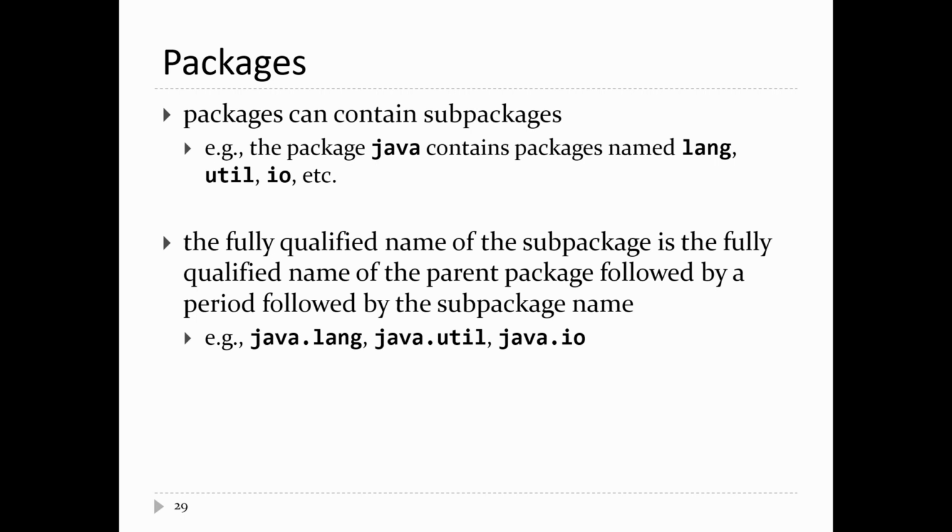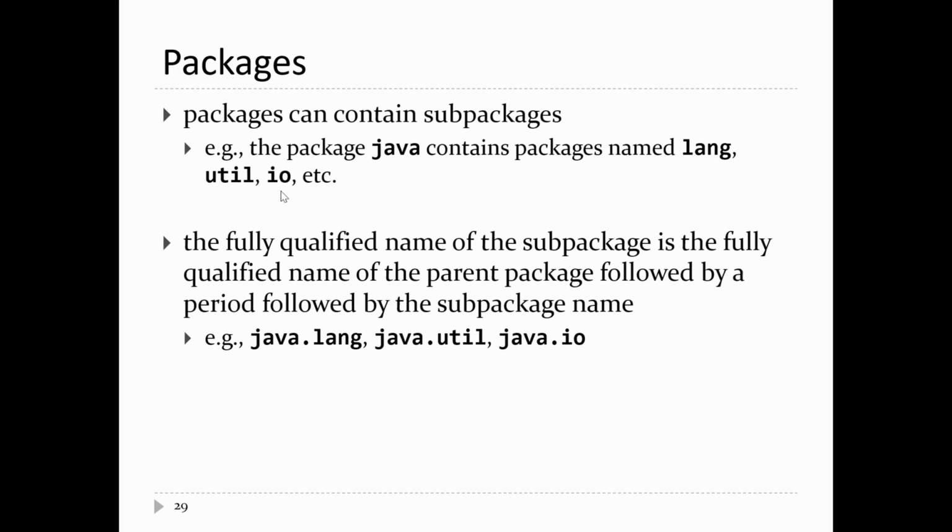Util is short for utility, so the classes that are useful to many types of programs go into util. Those would be things like your lists and other collections. I/O deals with input and output, so reading and writing from or to a file, from or to a network, and things like that go into the package io.